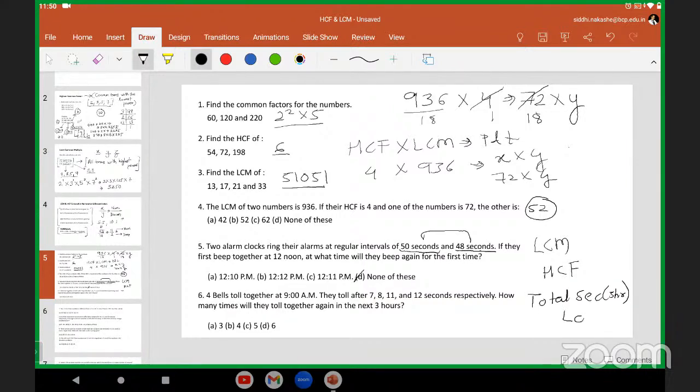That total value divided by LCM will be the number of times they toll together.